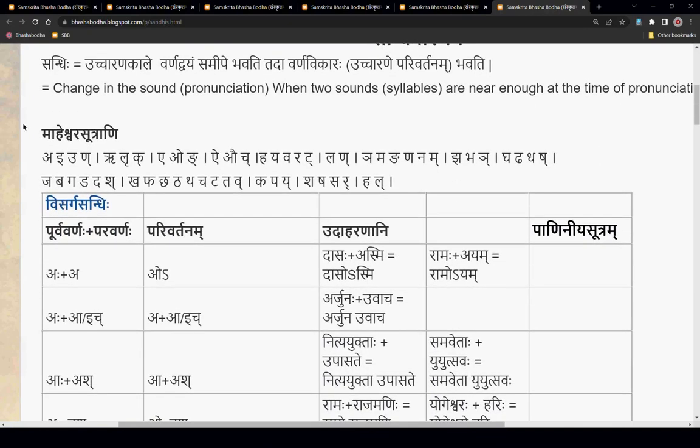Yeah, so that's why, if you look at this Maheshwara Sutrani, which is basically a name for the list of the letters which Panini used to compose his grammatical work, Ashtadhyayi. So here you don't see la, and not only la, there are many other letters which are missing here.